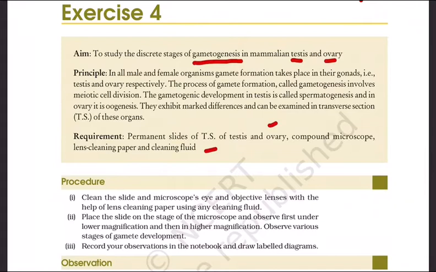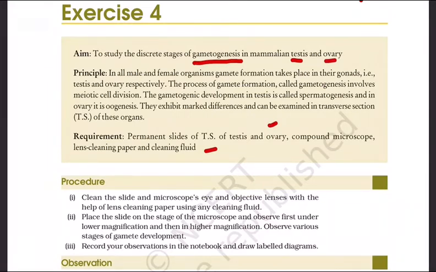So what is the principle involved? In all male and female organisms, gamete formation takes place in their gonads. Now you must be careful about these two words, gamete and gonad. A gonad is a reproductive organ, like the testis is a gonad. The ovary is a gonad because they are reproductive organs or sex organs.